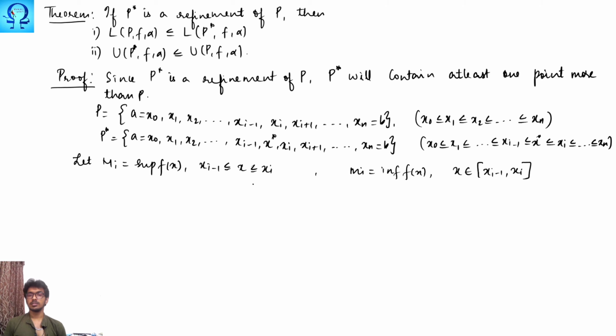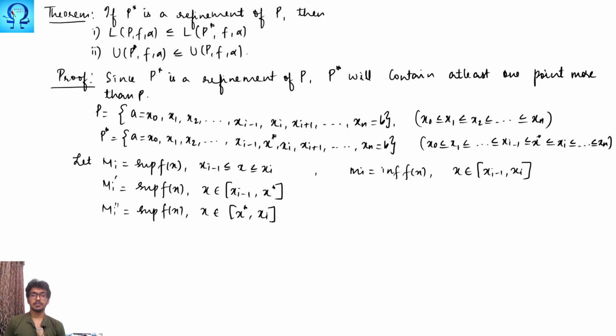Okay, so now let Mi prime denote the supremum of f of x in the interval x(i minus 1) comma x star, and Mi double prime denote the supremum of f of x when x takes values in the interval x star comma xi.